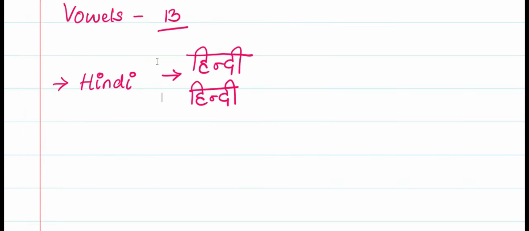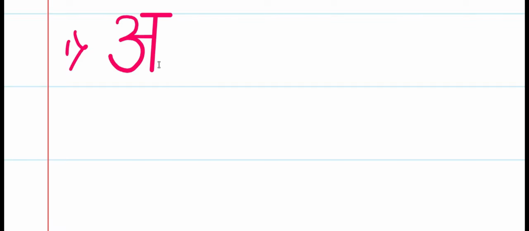So let's begin our journey of Hindi. Let's learn the first letter. You have to draw a three, a tiny horizontal line, a big vertical line, and a tiny horizontal line on top of it. Let's draw once again together with me.